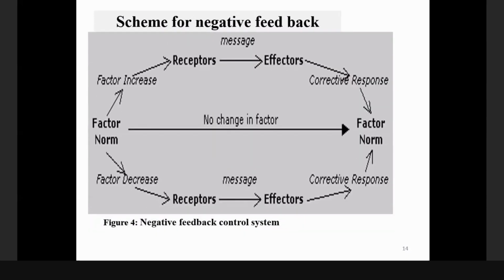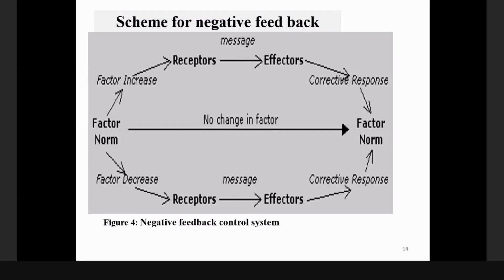Look at this negative feedback control system. Assume there is a normal factor or normal value, like your body temperature of 37 degrees centigrade. Then if you are exposed to a cold environment, your body temperature is going to reduce. The factor decreases.